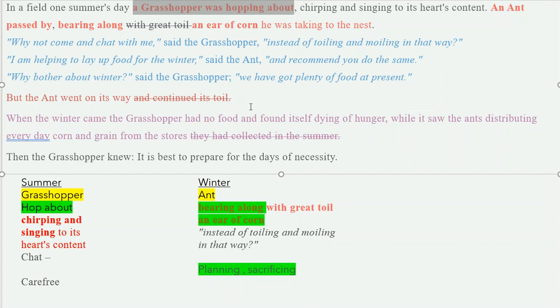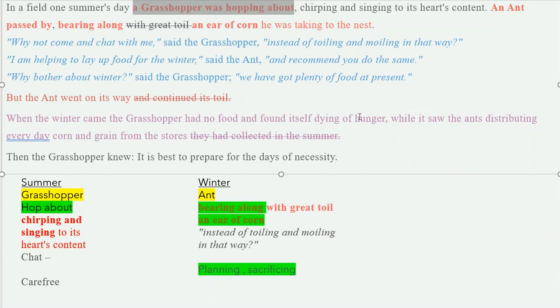So when we added these bits, you really felt the joy of summer, right? Chirping, singing, oh, it's a field, it's the countryside, it's just beautiful. So sometimes what looks grammatically correct is not enough in a sentence.